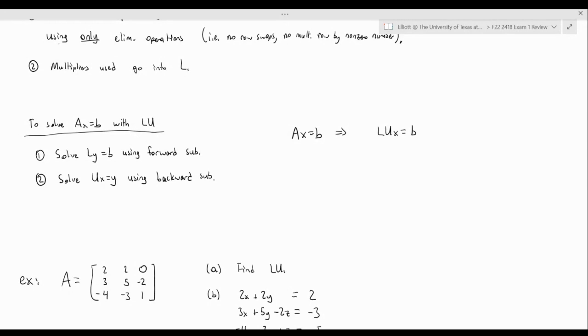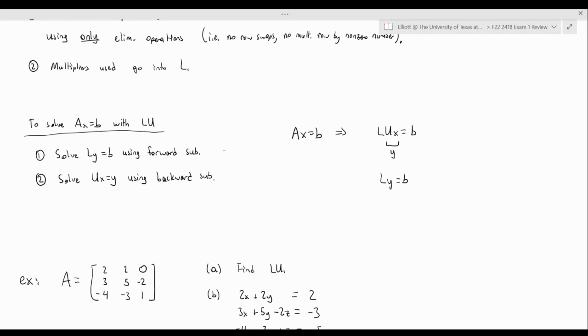And then U times X. If we replace U times X with another vector Y, then what we can do is first consider the equation L Y equals B, and we can solve for Y in that equation using forward substitution, and we'll see how that works.